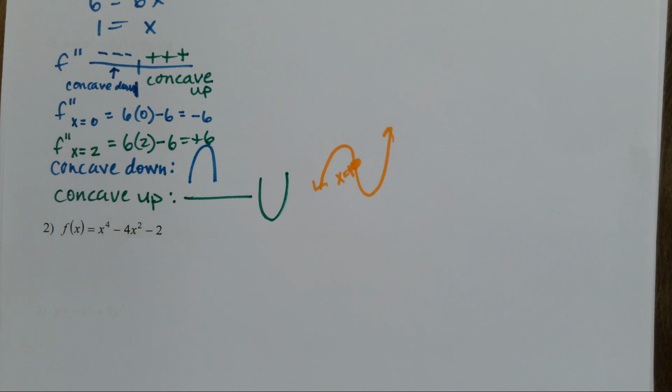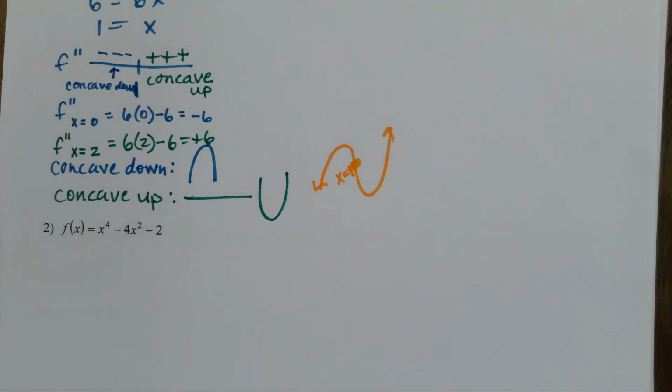That's what it's telling me is going on. Now, somewhere on the left side of 1 there is a max, and somewhere on the right side of 1 there is a min, but that's found with the first derivative, and we did that in the last section.